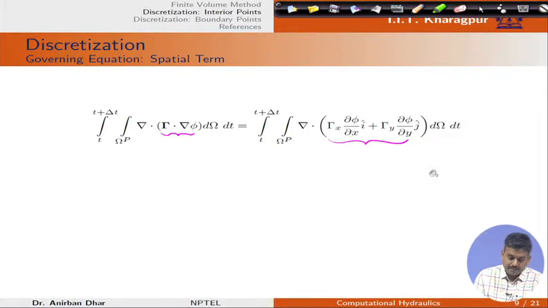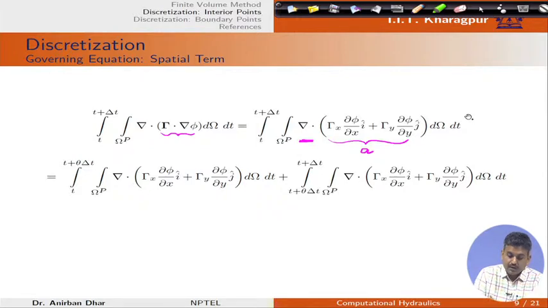Now, in the next step, if we see this one, this is divergence of this vector. As per Gauss divergence theorem, if we have divergence of any vector A, then we can write it in terms of surface integral. So, in this case we can first divide it into two parts. One is t to t plus theta delta t, this is intermediate time level, and from t plus theta delta t to t plus delta t.